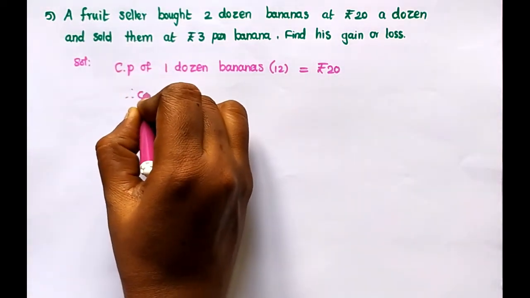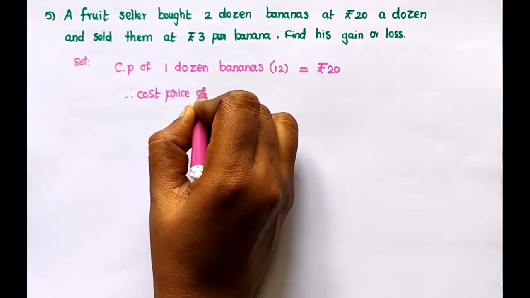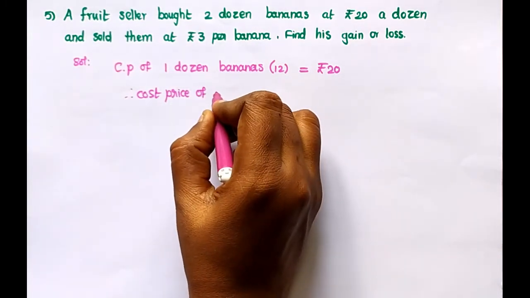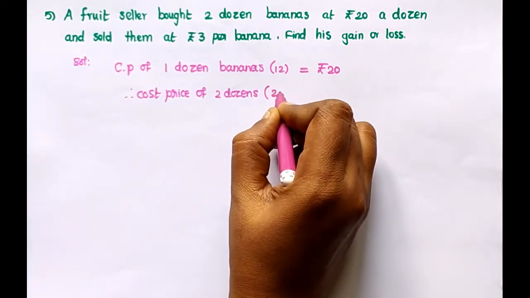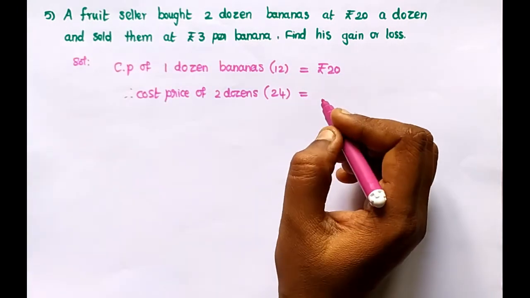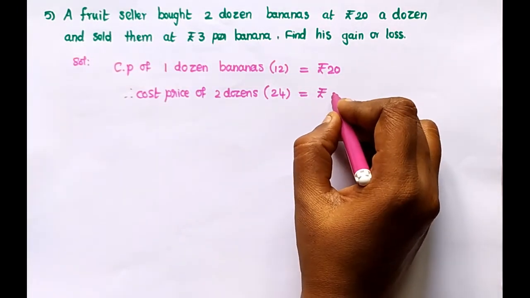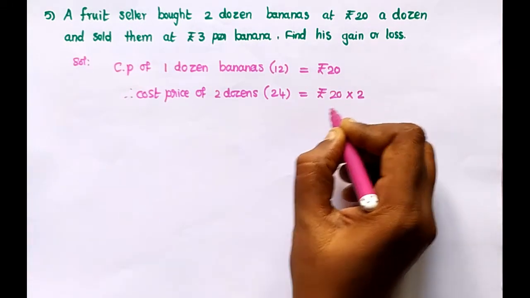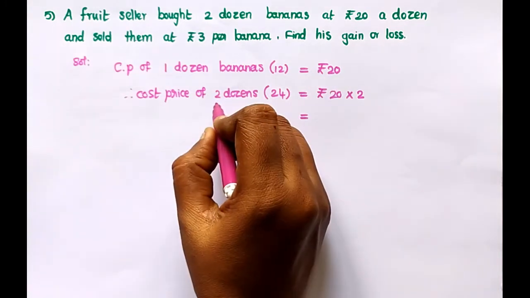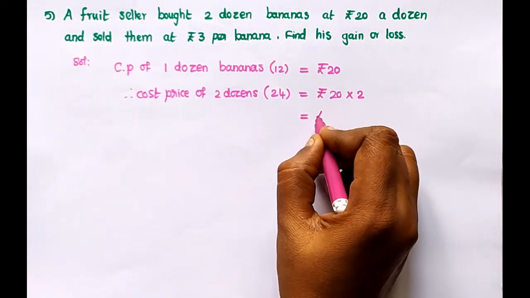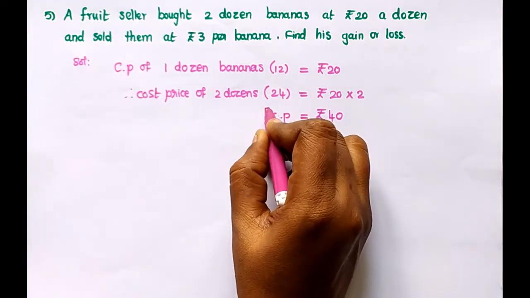Therefore, cost price of 2 dozens, that is 24, equal to rupees how much? 20 into 2. 2 dozens, 1 dozen is 20. 2 dozen means 2 into 20, that is rupees 40. That is cost price.